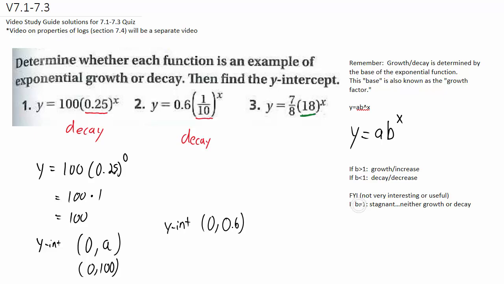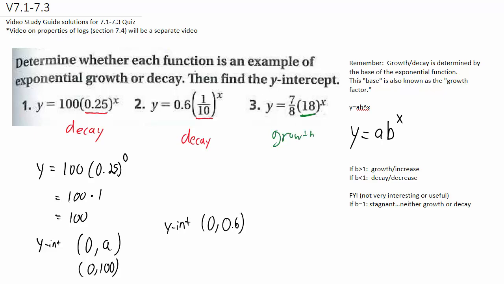And by the way, if for some reason b was equal to 1, you'll really never see that, because if you had 1 to the x power, nothing would be happening at all. It would neither be growing nor decaying. It would just be a constant function, essentially. So that's really not interesting or useful, which is why we don't talk about when the base is exactly 1.